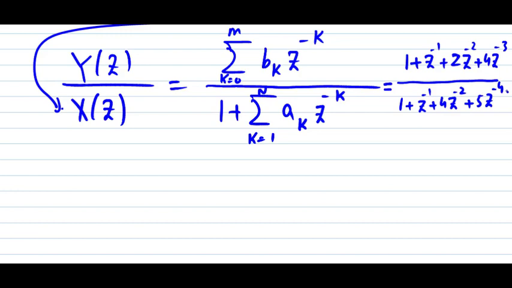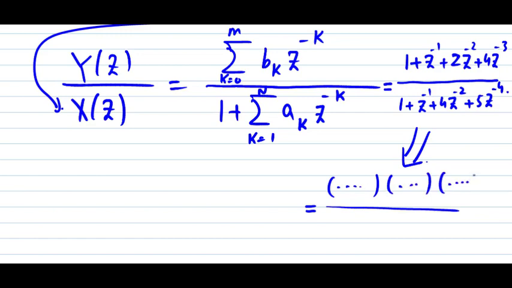And from simple calculus, we also know that we can write this equation by factorizing the numerator and denominator. If we factorize, we will get some factor multiplied by some factor multiplied by some factor. Similarly, the denominator will be some factor multiplied by some factor multiplied by some factor.